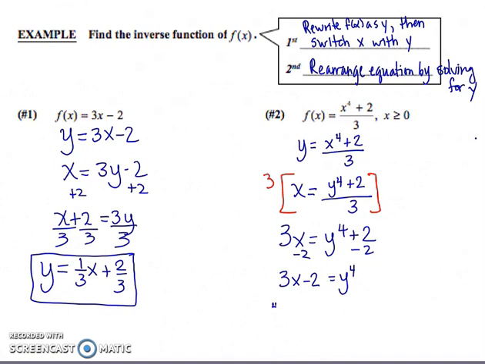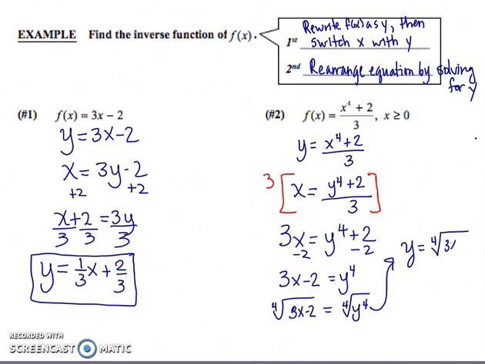So I'm going to take the 4th root of both sides of this equation to undo the 4th power. Now when I do that, I end up with y equals the 4th root of 3x minus 2.